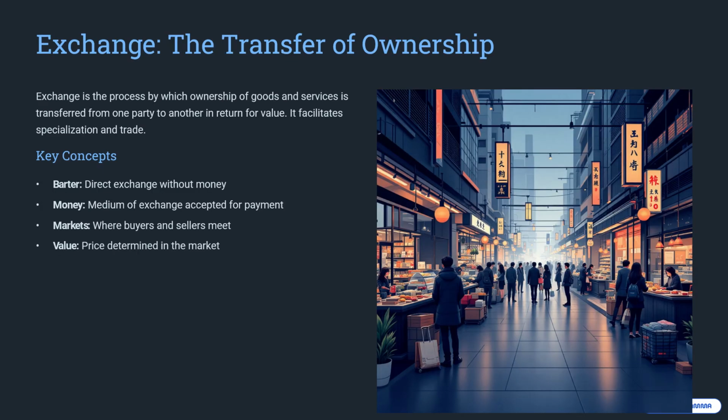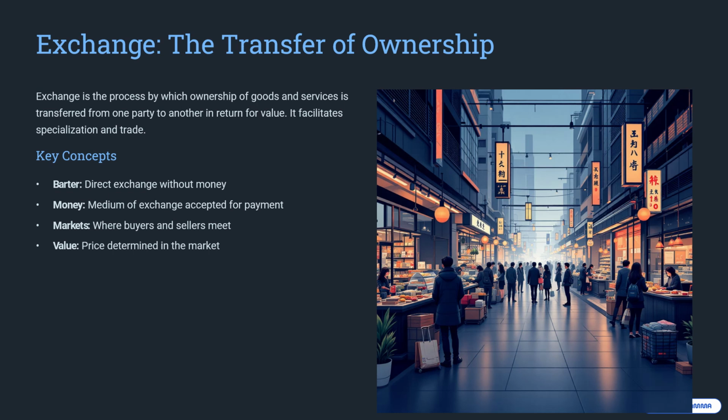The third division is exchange, which establishes the link between production and consumption. Exchange refers to the transfer of goods and services from producers to consumers, usually through the medium of money and the market.